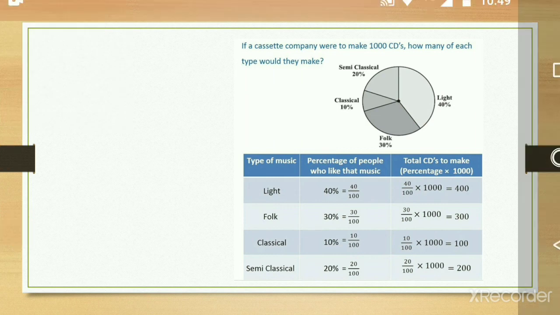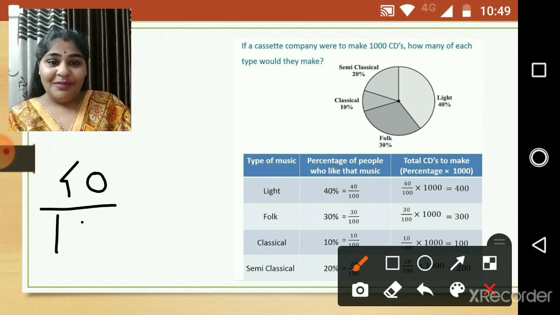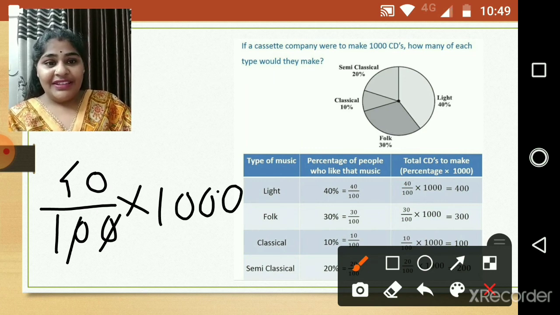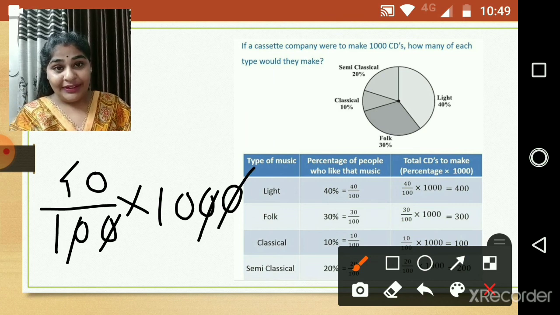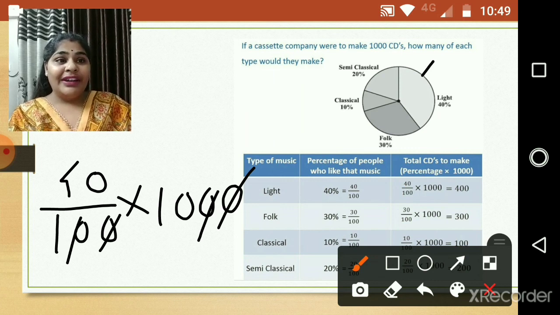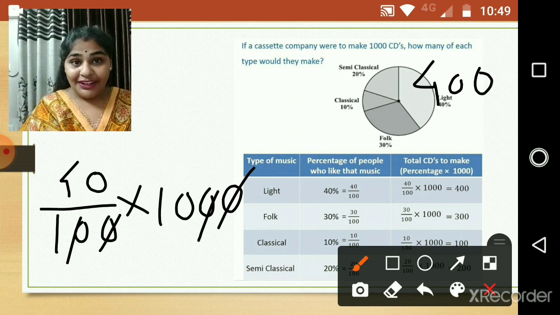So what am I going to do? 40% is nothing but 40 upon 100 of 1000 CDs. And if I cancel these zeros in the numerator and denominator, 40 into 10 will be 400. So 400 CDs will be produced for light music.